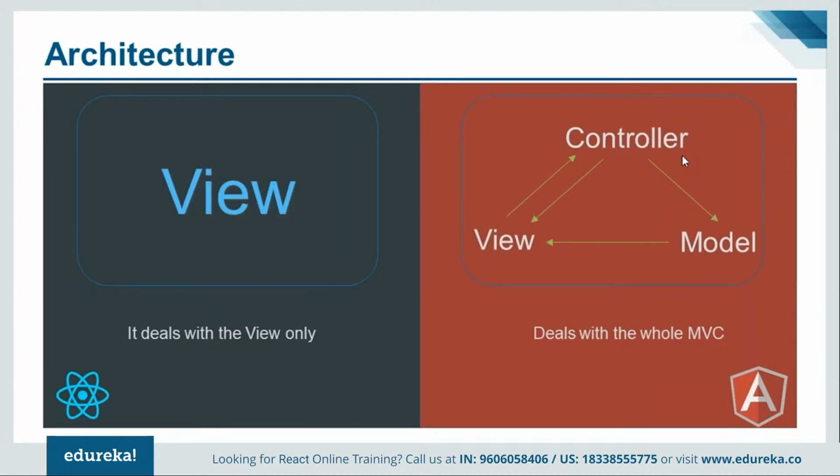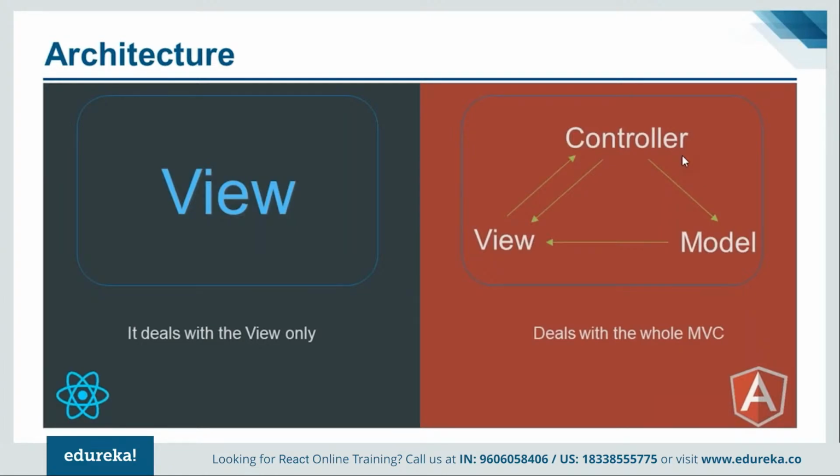Since React only has a view portion, you'll have to integrate it with other frameworks or libraries which support the controller part or the model implementation, which obviously is additional effort when you're trying to define the architecture.